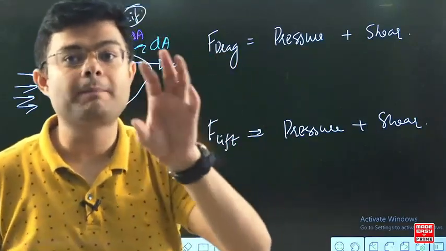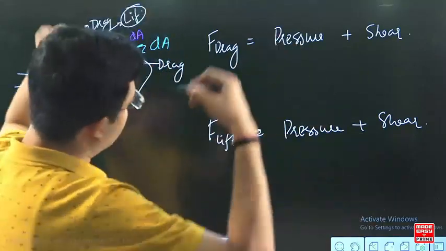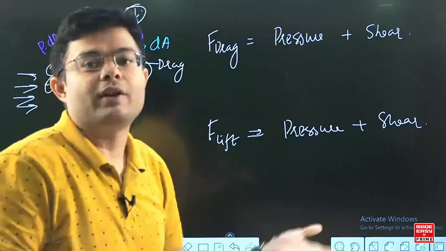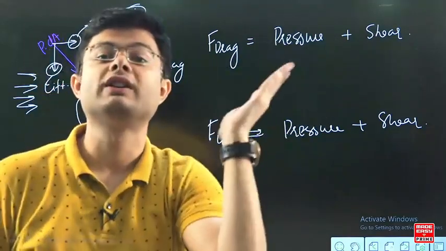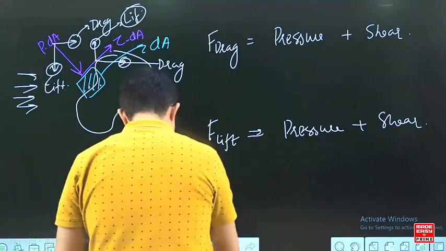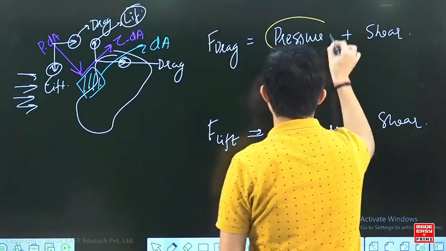All 4 can also exist, or it can also happen that some of them exist and some of them don't, depending on the orientation of the body.